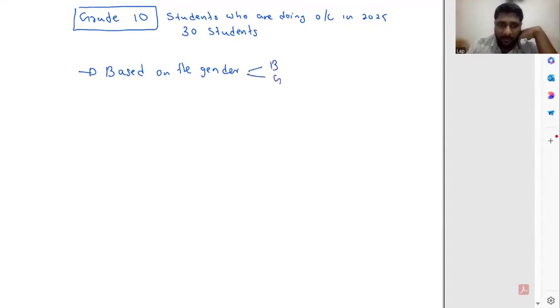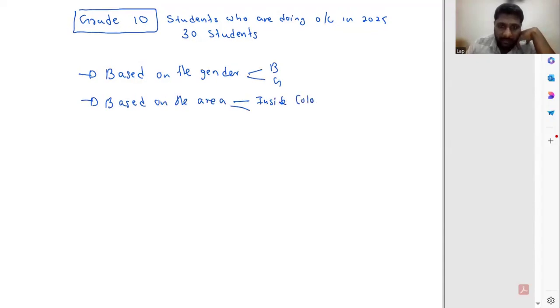Boy, girl. I can split y'all based on the area, maybe inside Colombo and outside Colombo. So that's another technique that I have.